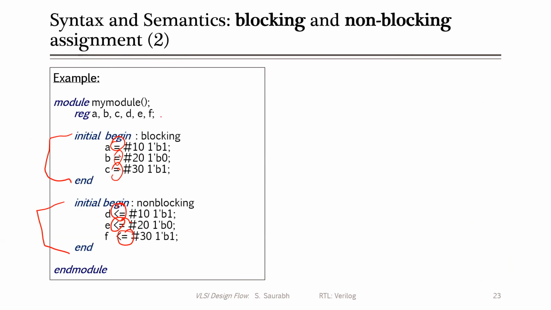Now tell me when A, B, C will be updated to their respective RHS, and when D, E, F will be updated. Look at this code, take some time, and then tell me the answer.